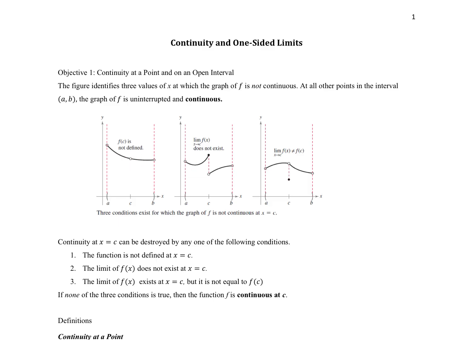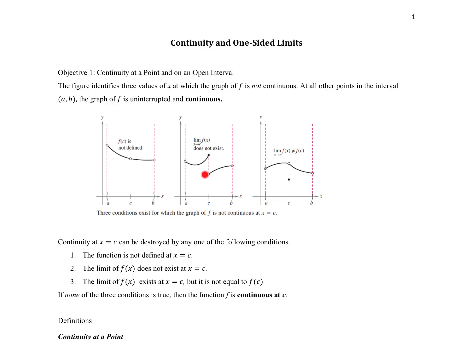And the second type, the function f is defined at C. However, you can see that there's a jump over there, which means the limit doesn't exist when x is approaching C, meaning that there's no fixed value that f of x is approaching when x is approaching C from both sides.